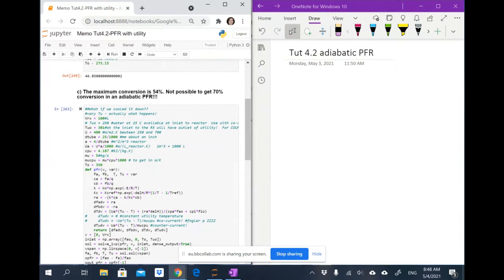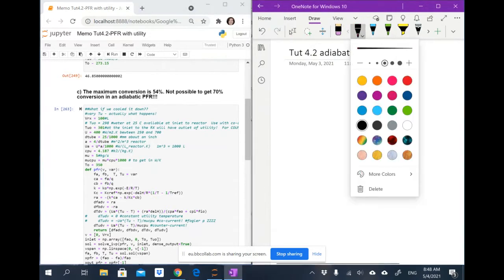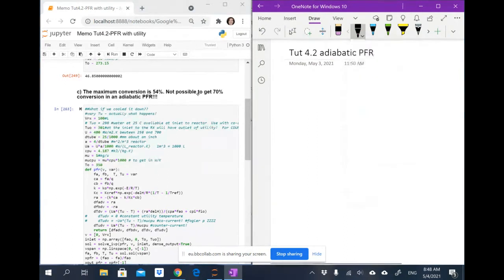So let's just set the scene. We are busy, and just before the semester, in a previous lifetime, when you still spent time on CRE, now it seems as if you're only spending time on CPB. There was this reaction that we analyzed, and it was equilibrium limited in TAT 4.2.